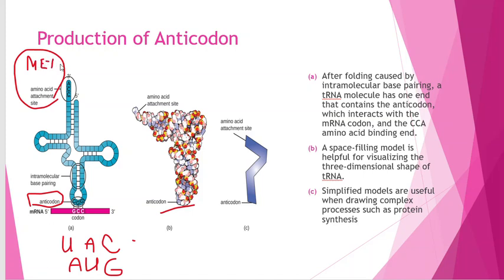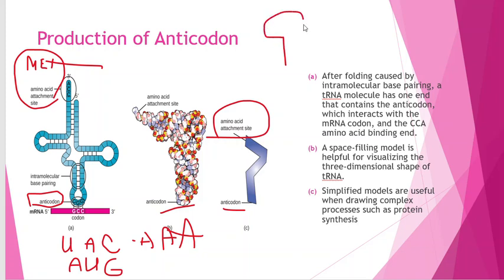And then depending on whatever is next, AAA, whatever, we're going to get the next amino acid that comes in there. I like the simplified version. But all we really need to know is that we've got an amino acid on this end and an anticodon on this end that is going to base pair with one of the codons here.